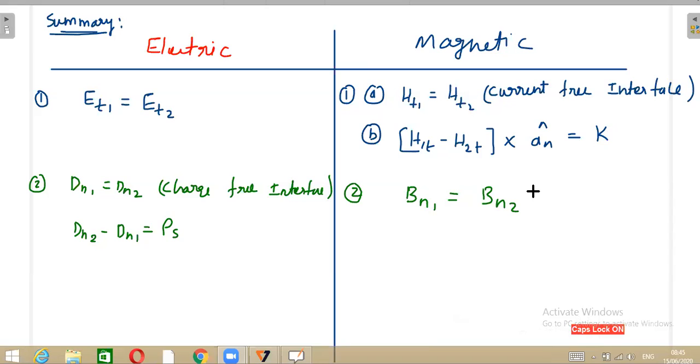So even if you are having any amount of surface current, that surface current will have effect only in the tangential component. It will not have effect in the normal component. Similarly, whenever you are having surface charge rho s, it will have effect in the normal component of electric flux, but it will not have any effect on the tangential component of electric field.